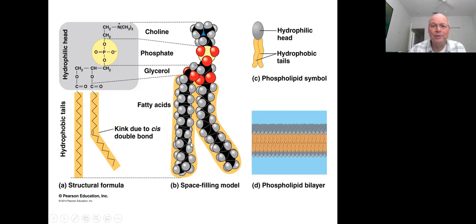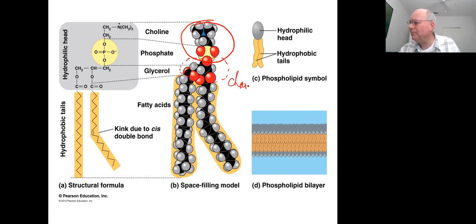Why are these important? Well, if we look at this end of the molecule, particularly this region, but we can also add in the glycerol part, this is charged. And it's hydrophilic.